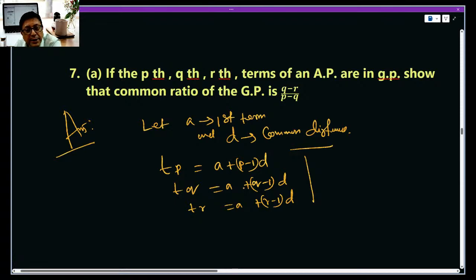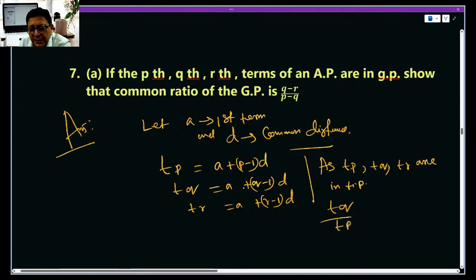Okay? They're in GP. What's the condition? As Tp, Tq, Tr are in GP, we take Tq by Tp equal to Tr by Tq equal to the common ratio R. Small r is given there, so I am not taking that.